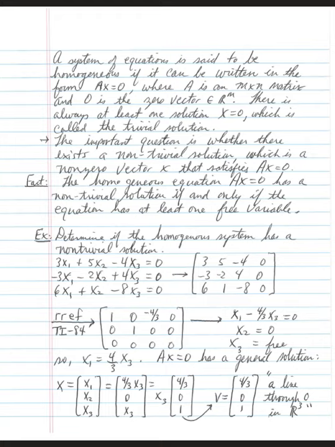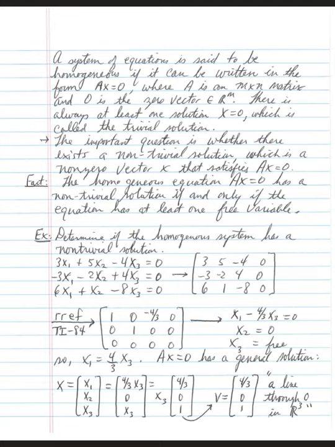If you factor out that x3, you're left with 4/3, 0, and 1, which is a line through 0, or the origin, in R3. This is your non-trivial solution.